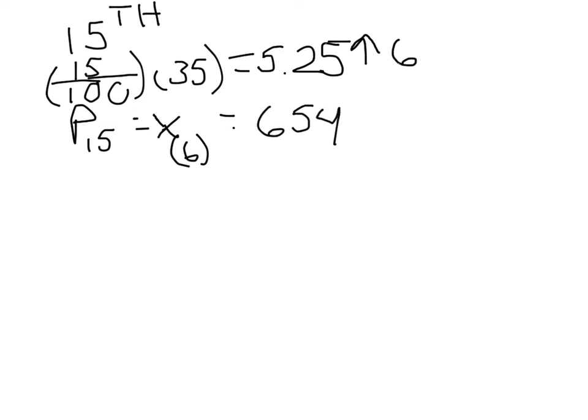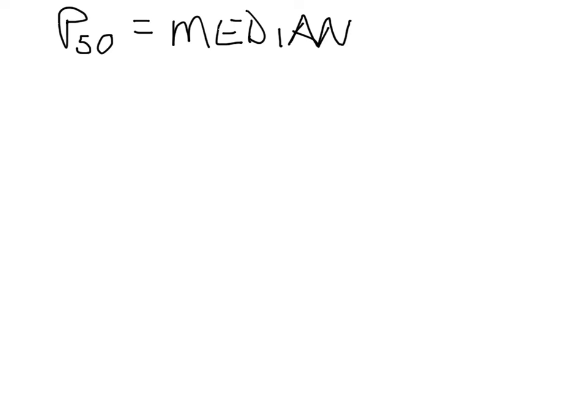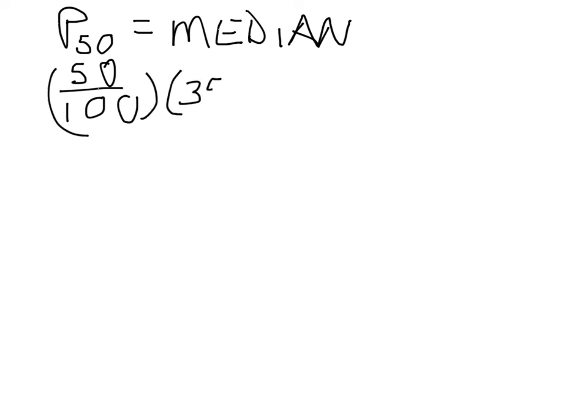All right? Then finally, we have a special percentile, we have the 50th percentile, but that's the same as getting the median. So that's going to be 50 over 100 times n of 35.